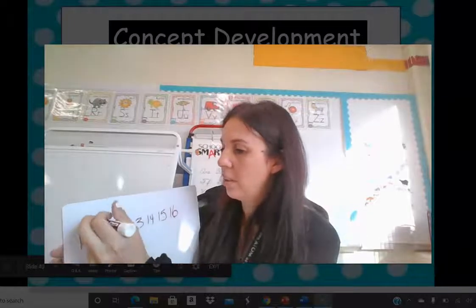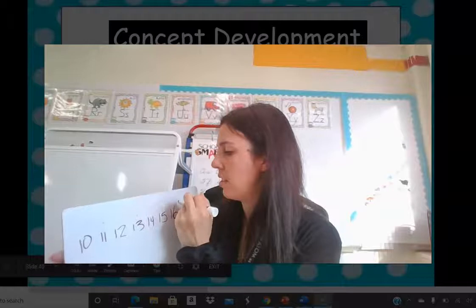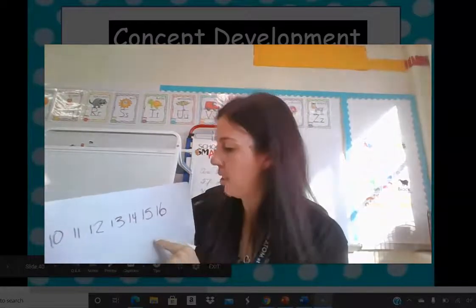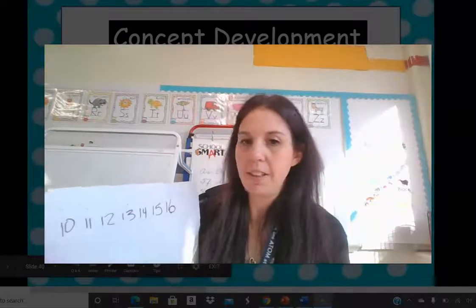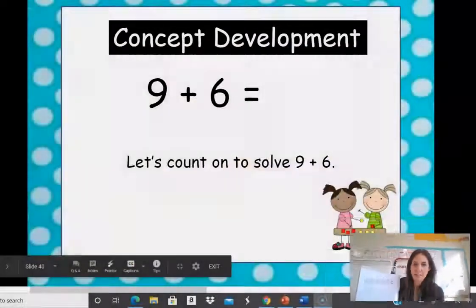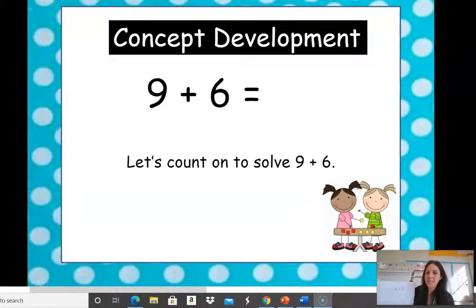We have 1, 2, 3, 4, 5, 6, 7. 9 plus 7 equals 16. But why do I feel like it was 9 plus 6? 9 plus 6 is 15. So see how that kind of took a little while to do?